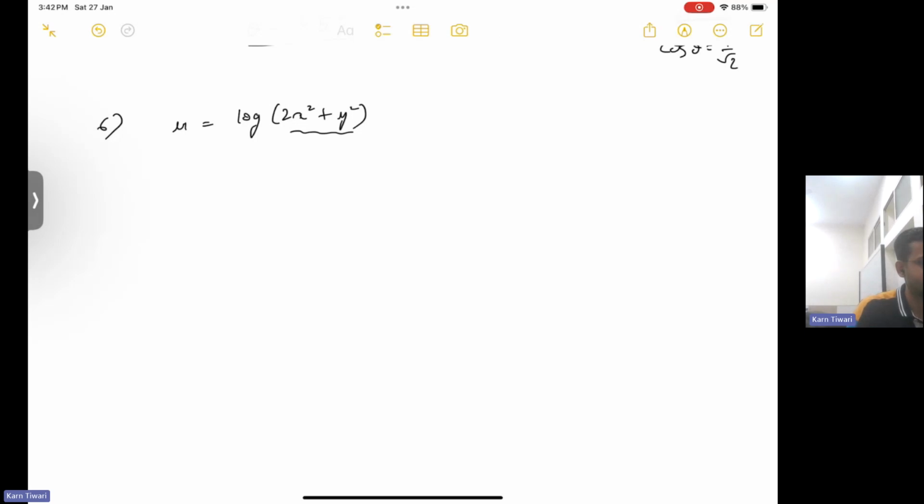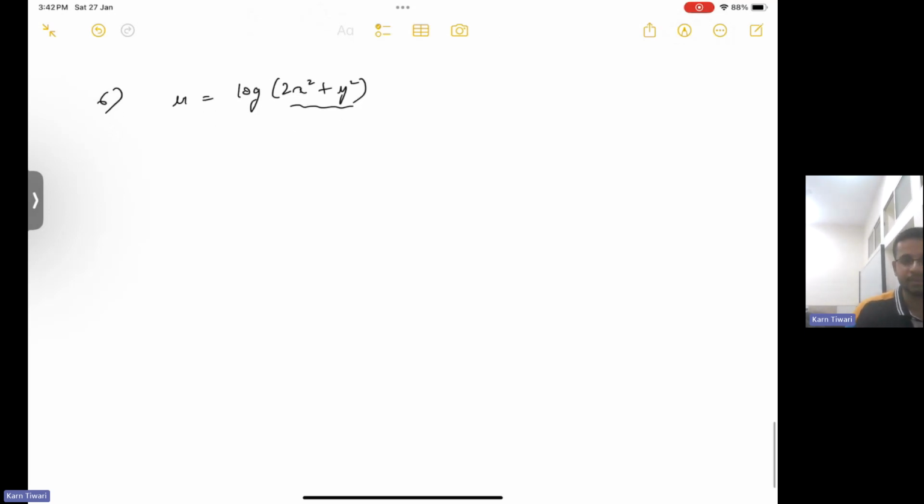So whenever there is a problem, first of all see whether it's defined properly or not, whether you can solve it or not, because otherwise you might miss a lot of corner cases.